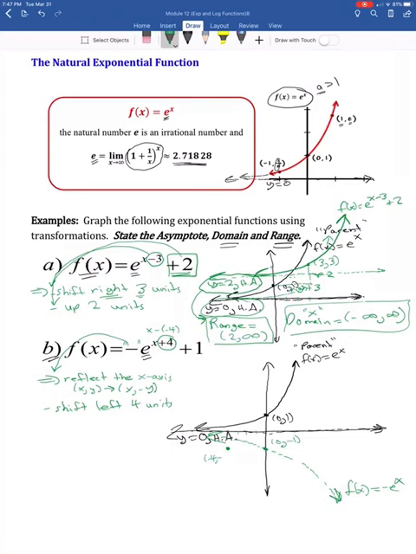So we can go ahead and plot that point. Again, I'm going left 4 units. Still at y equals 0 is my horizontal asymptote. Still decreasing here for all x, as we flipped across the x-axis. But that shifts it to the left 4 units. We're going left 4, so (-4, -1).